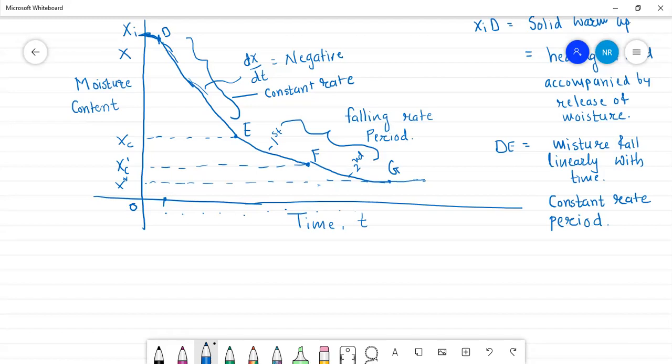E to G we consider the falling rate period, and D to E we consider the constant rate period. So there are only two periods: one is the constant rate period, and the other is the falling rate period.